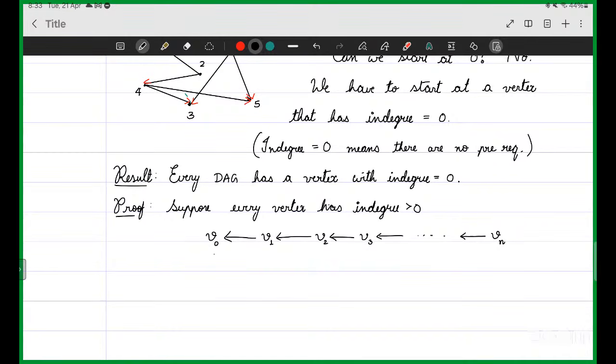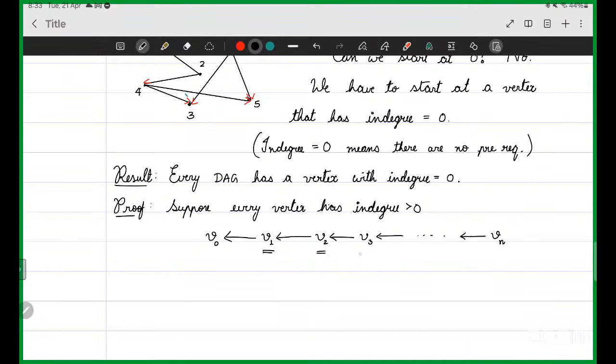I didn't get how n vertices is there. So I can do it for step 1. I'll get a vertex V1, right? I look at V0. It has in degree 1 or more. I get a V1. Then V1 also has, by assumption, at least 1 in degree. I look at one of the vertices which is mapped to V1. That is V2.